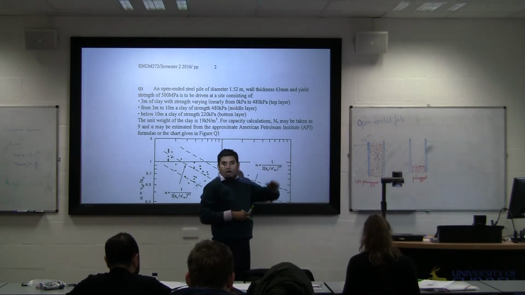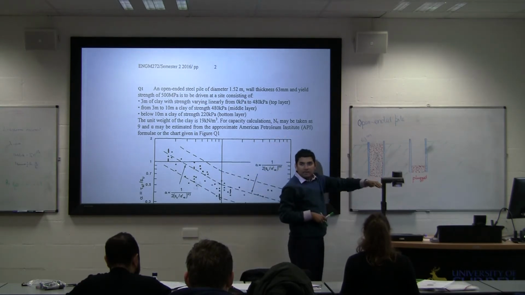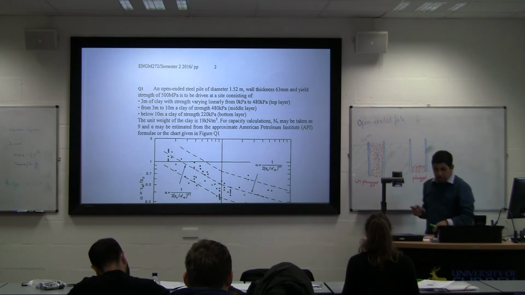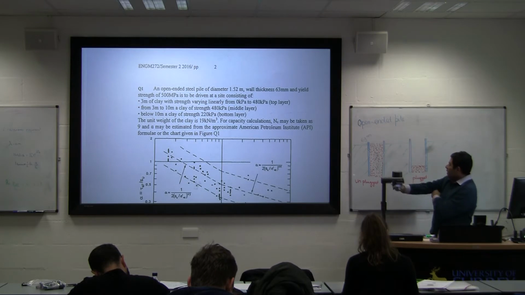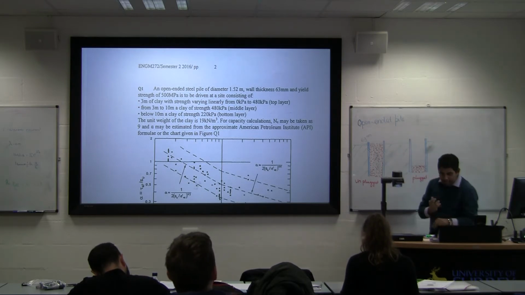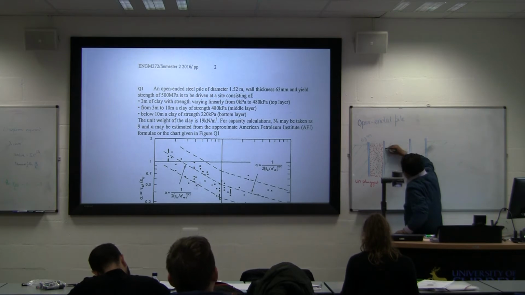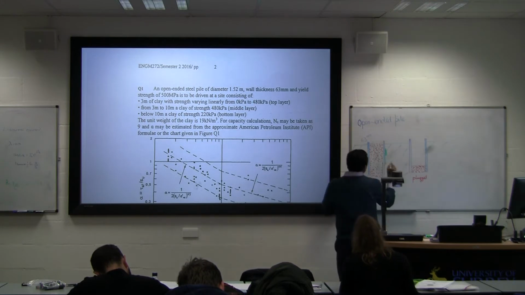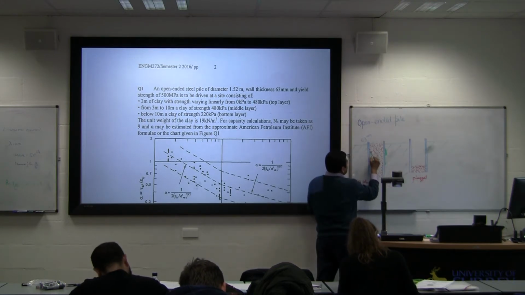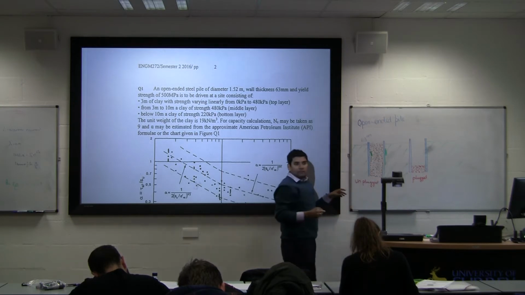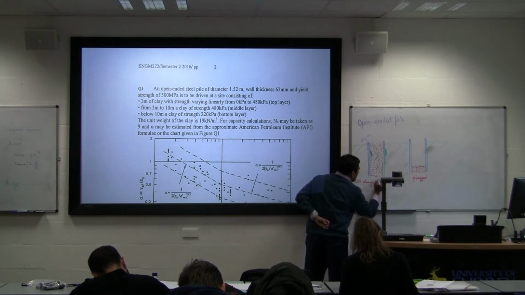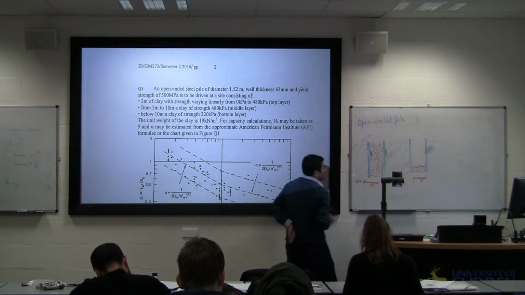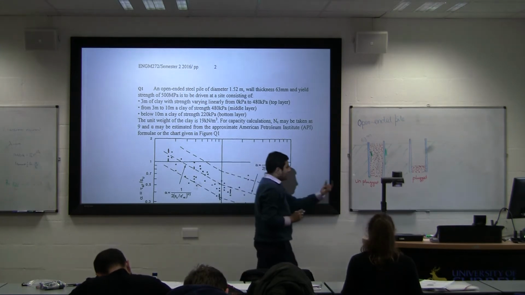So the capacity of this pile, when you drive this pile, will be, there are two things, shaft and end bearing. For this case, there will be shaft friction from outside the pile. There is also friction within the pile, isn't it? Inside the pile, right? And bearing only in the annulus part, right?